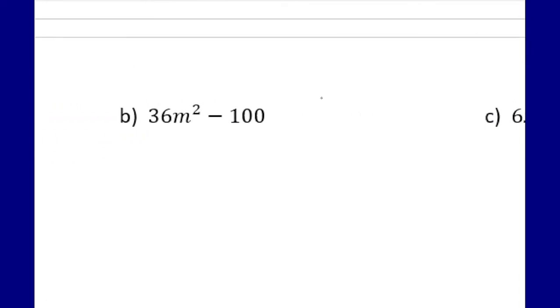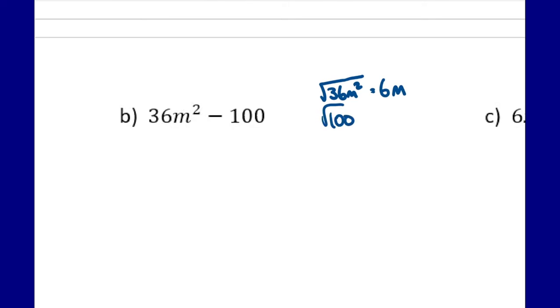If I look at b, let's take the square root of our two numbers. It already fits the idea that we have two terms with a subtraction. Now we're just checking to see if it's a difference of squares. The square root of 36m squared is 6m, that works.